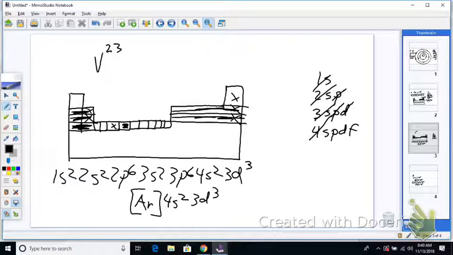Will you turn off on the test if we put 3D before 4S? No. Now, this periodic table, if you notice, they give you some shorthand configurations already.